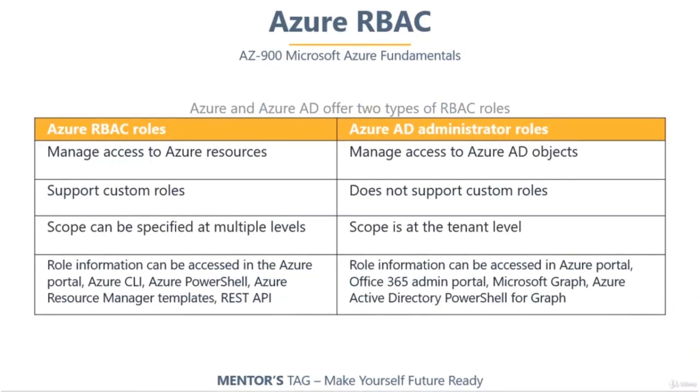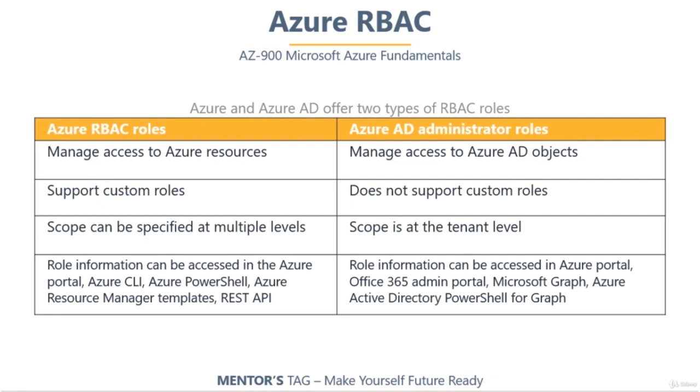Azure and Azure Active Directory offer you two types of role-based access control. The left side one is your normal Azure role-based access control, which I have shown you just now, which you can use on Azure resources and resource groups. It supports custom roles. As I showed, we have a list of built-in roles, and you can create a custom role also.